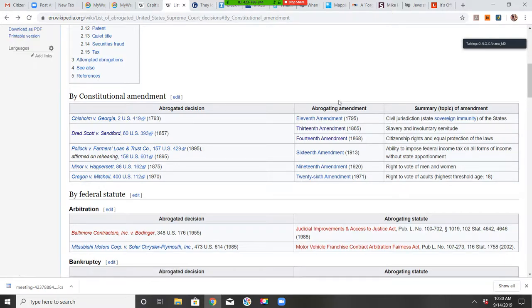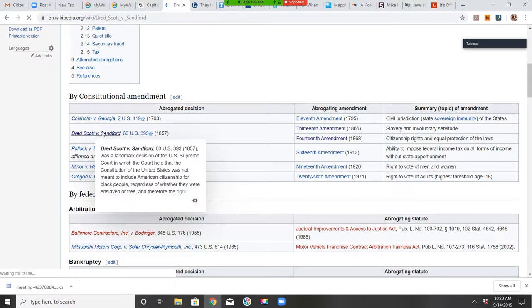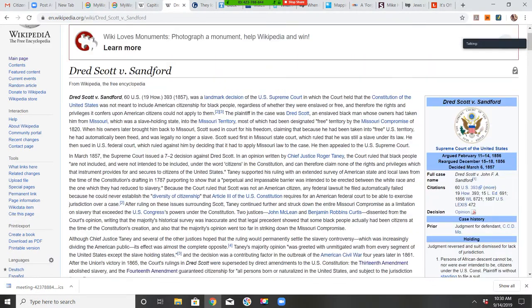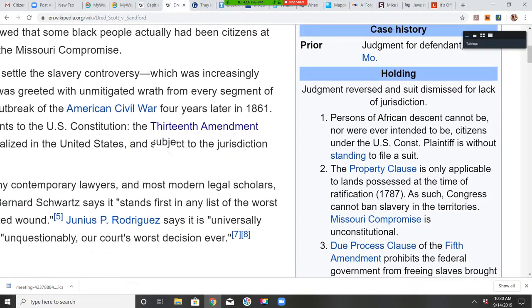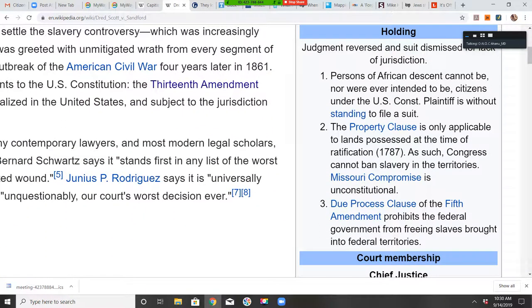So let's go back to our abrogated case. Slavery and involuntary servitude. Let's go back to Dred Scott and the holding. The due process clause in the 5th Amendment prohibits the federal government from freeing slaves brought into federal territory.